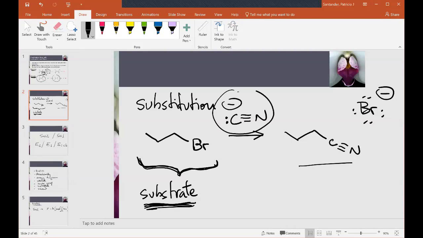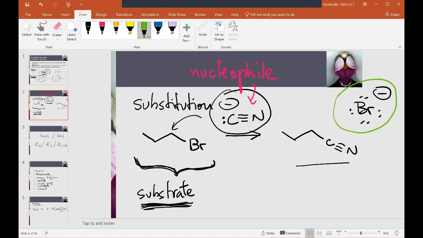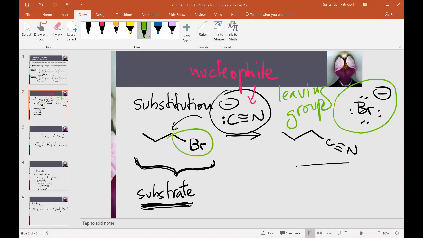The group that is attacking and taking the place of the bromine, we will say this is the nucleophile, the cyanide group. The group that just departed, the bromine, we will call that the leaving group.